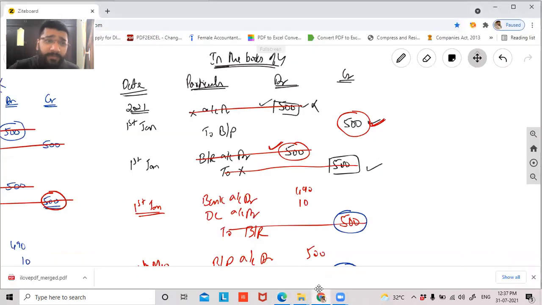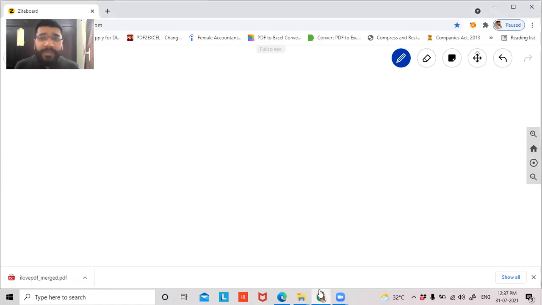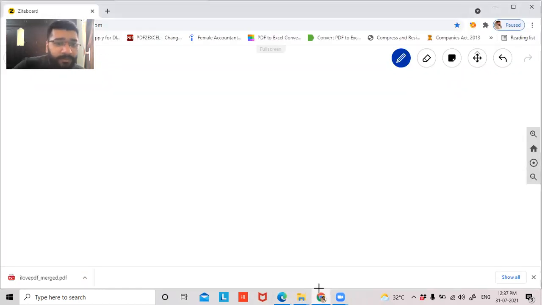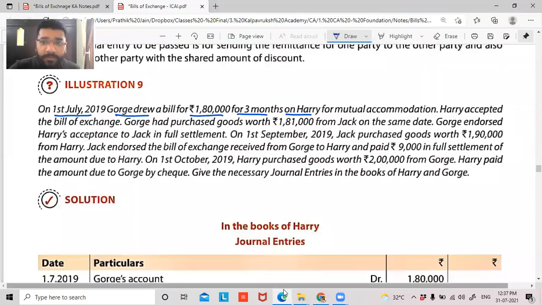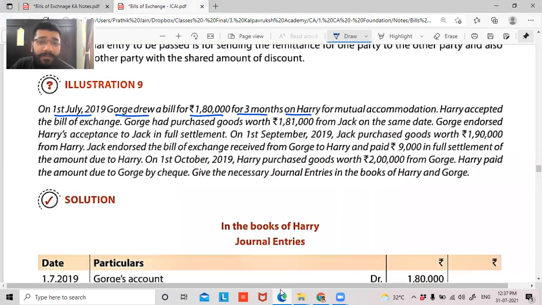Now let's do the diagram. Whenever you do a question of accommodation, to remove confusions or unwanted doubts, it is better to draw a diagram. So here it is: Georgie, Harry, and the third party is Jack.